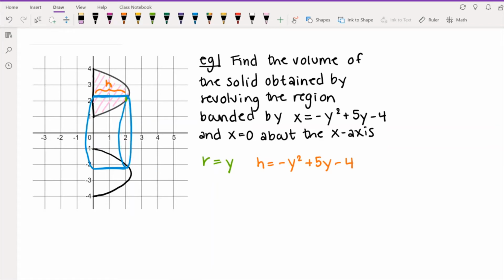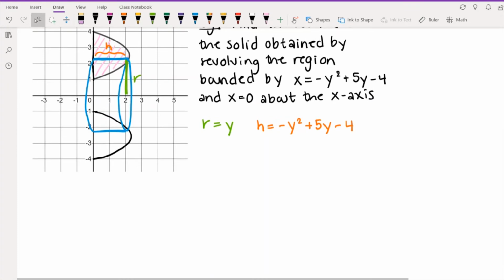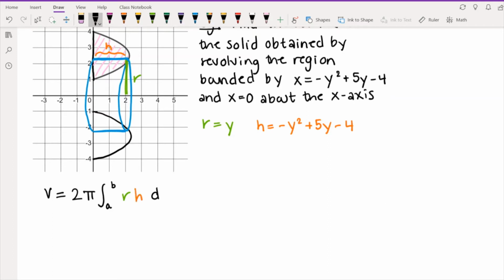So, okay, let me put the radius back in, and now we're ready to actually integrate this. So the volume is going to be equal to 2 pi times an integral from a to b of the radius times the height, dy.